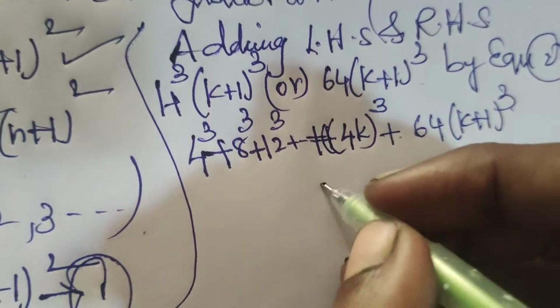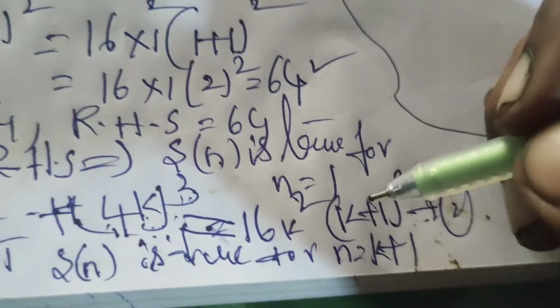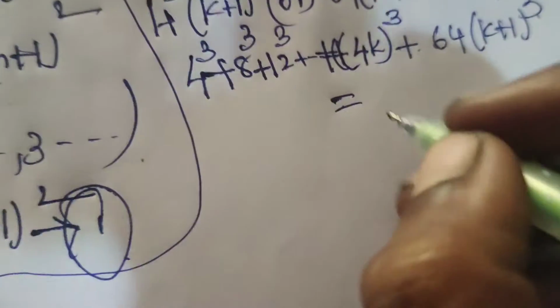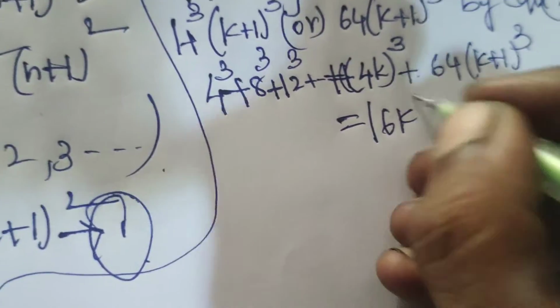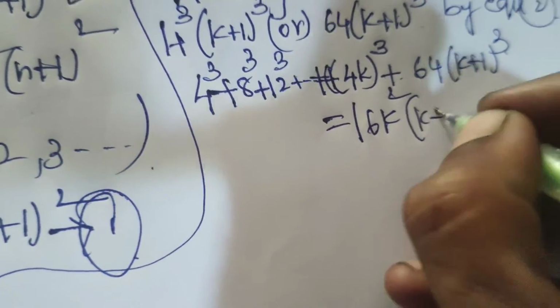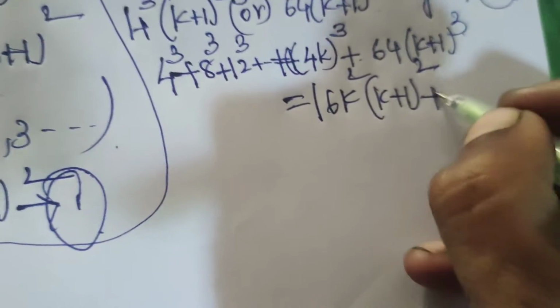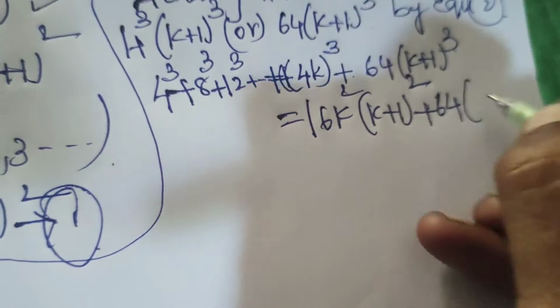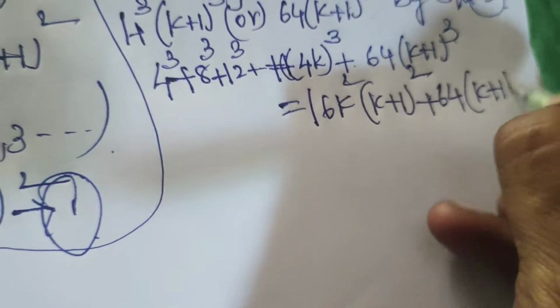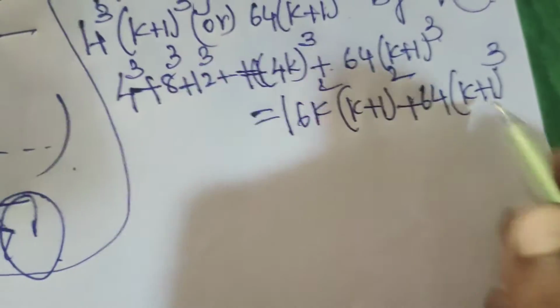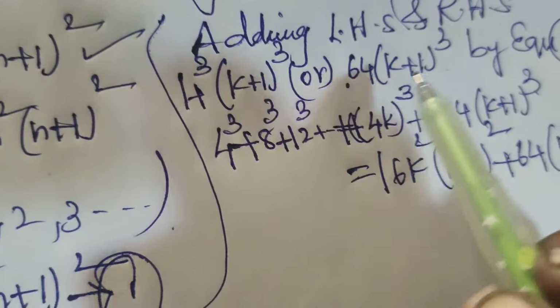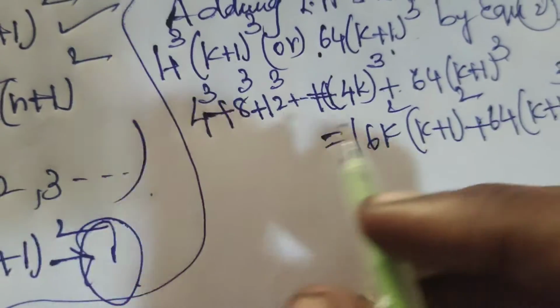Adding to the LHS. The RHS means 16k square into k plus 1 whole square, adding here 64 into k plus 1 whole cube.